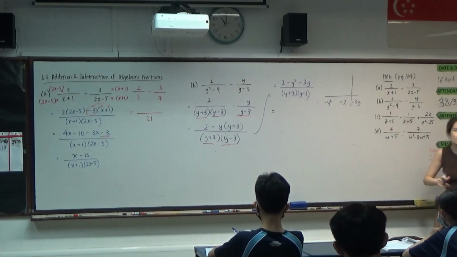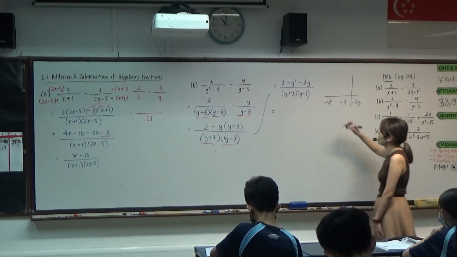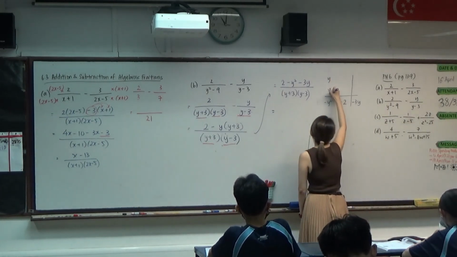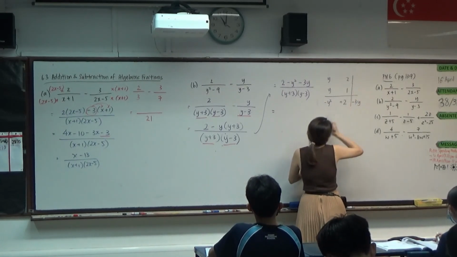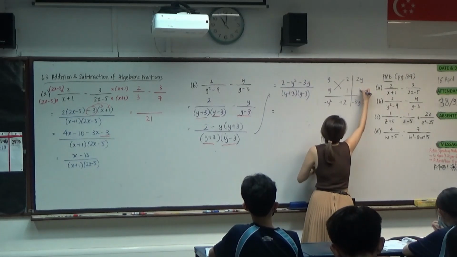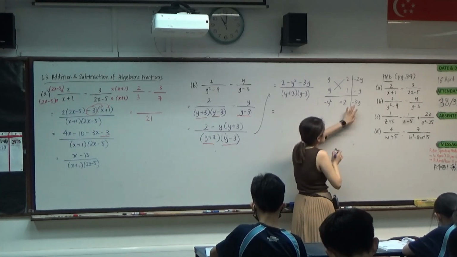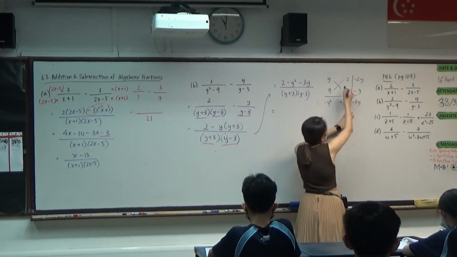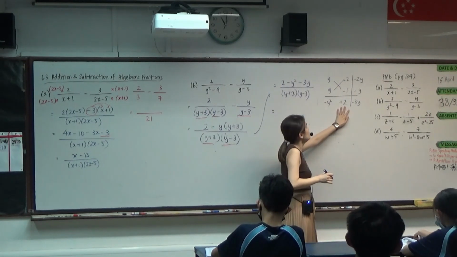In this case, it is a negative y squared plus 2, sorry, and then minus 3y over here. Can you suggest how we can factorize the numerator? If we were to do that, I'll do y and y first, ignoring the negative sign. 2 and 1 gives us 2, 2y here, and then y here. Both need to be negative in order to get negative 3, while both negative multiplies to give us positive 2.